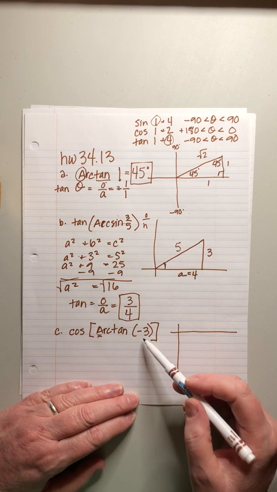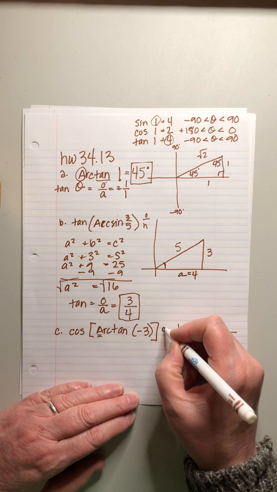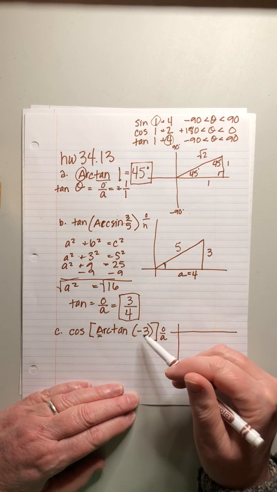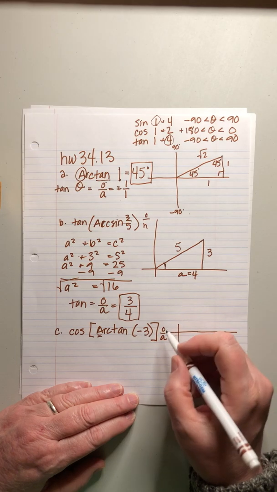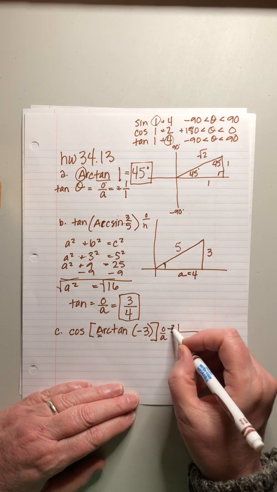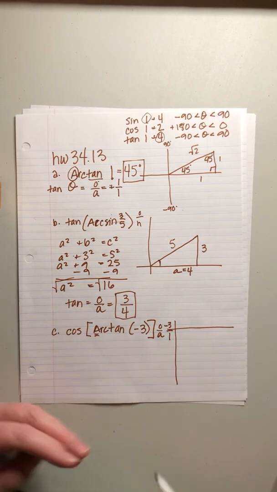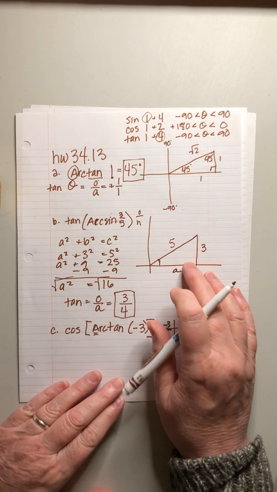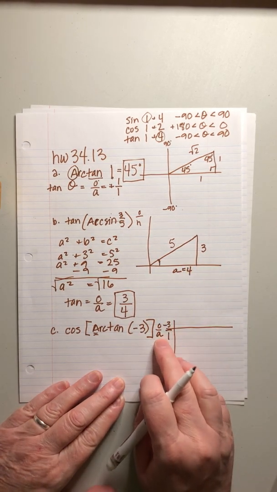So now we have to figure out, okay, tangent is opposite over adjacent, right? So what kind of triangle would give us this value? It would be -3 over 1. That doesn't sound like any of our friends, does it? So what we're going to have to do is the same thing we did here. This is not one of our reference triangles.